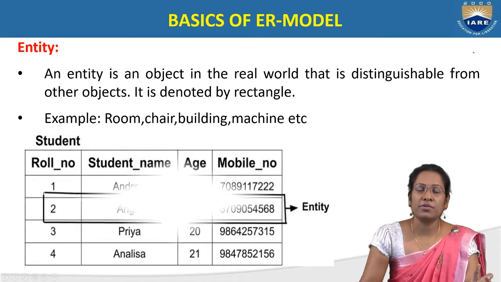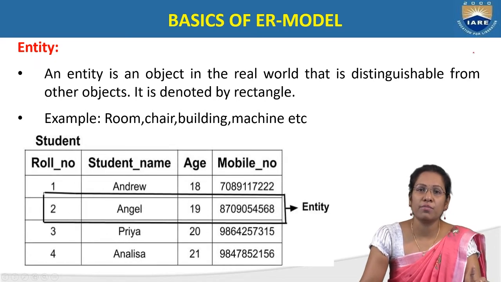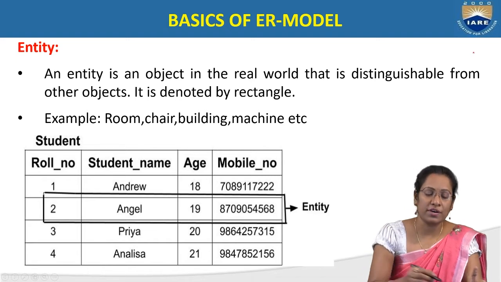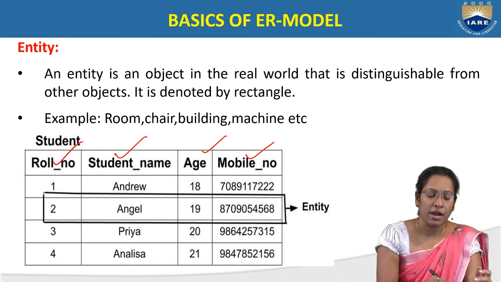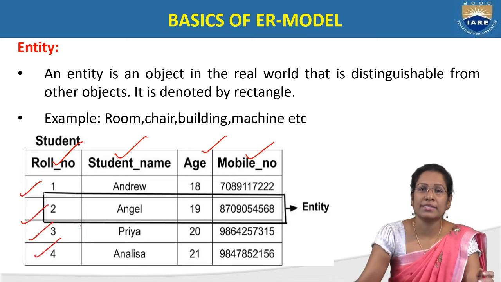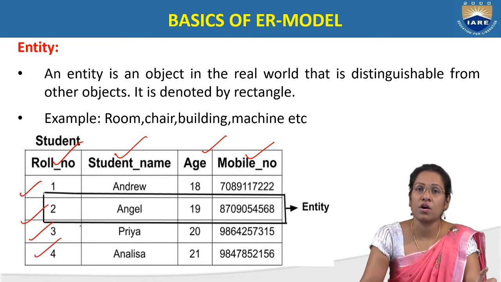So next I would like to discuss an example. Here I am going to represent the student table with a set of columns. The first one is roll number, name, age and mobile number. Coming to these four columns, in each and every column we have the data. Here 1, 2, 3, 4 are called tuples or rows or records of the table.